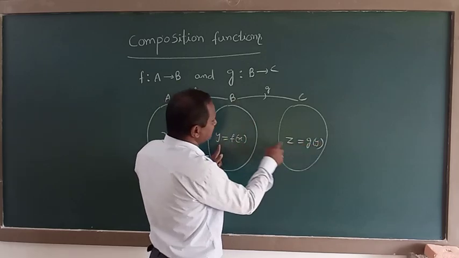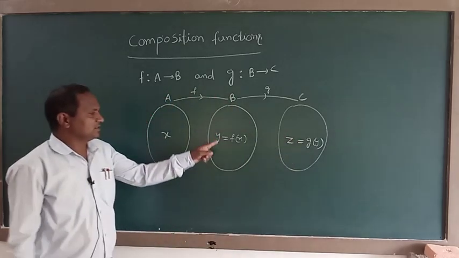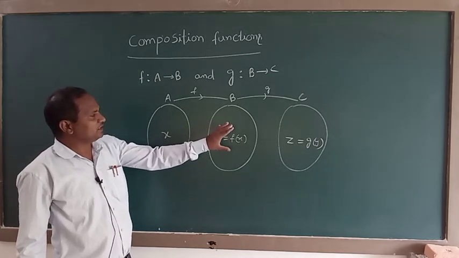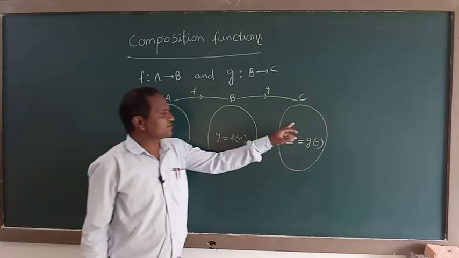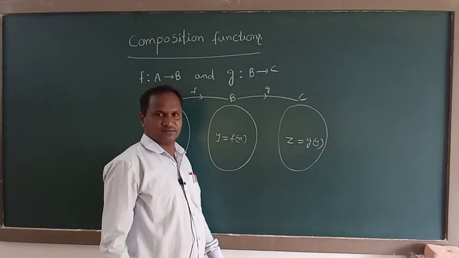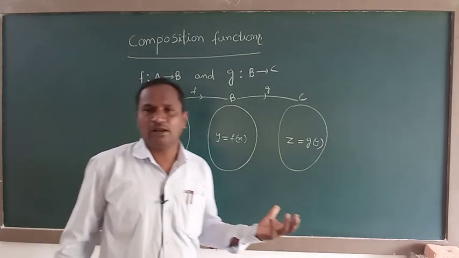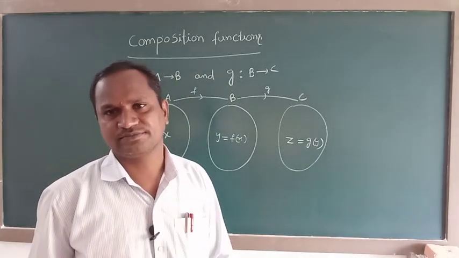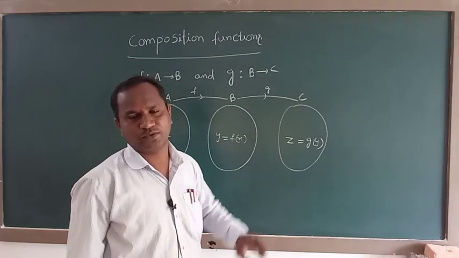Here z is the image of the function g. In set B we are collecting images of the function f, and inside C the images of the function g. That's why I have taken three sets. With the help of these three sets, I defined two functions, that is f maps from A to B and g maps from B to C.